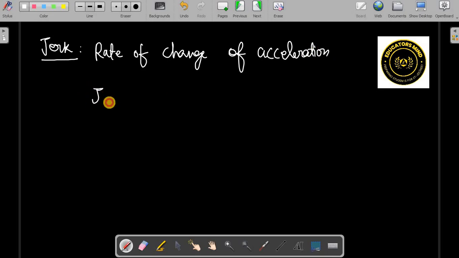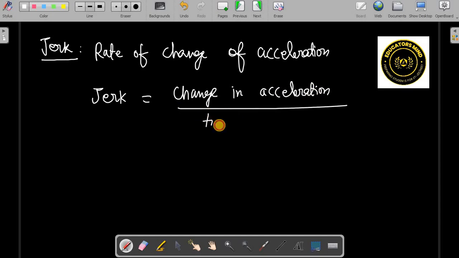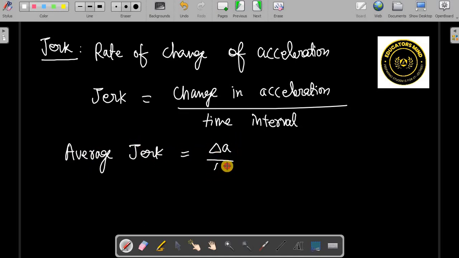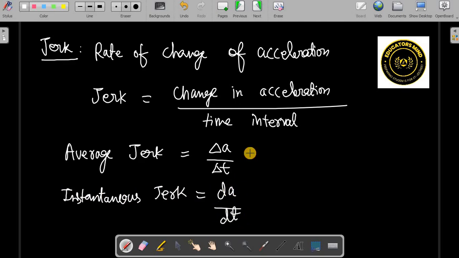So again we will define jerk as change in acceleration by time interval. So here again we can define average jerk. Average jerk will be delta a by delta t, change in acceleration by time, and instantaneous jerk will be defined as da by dt.